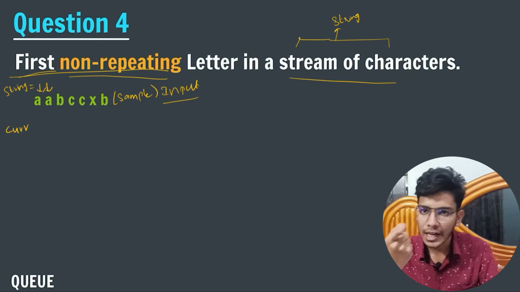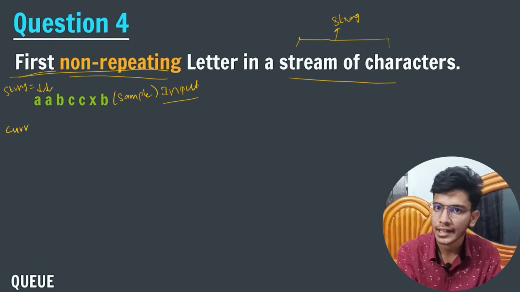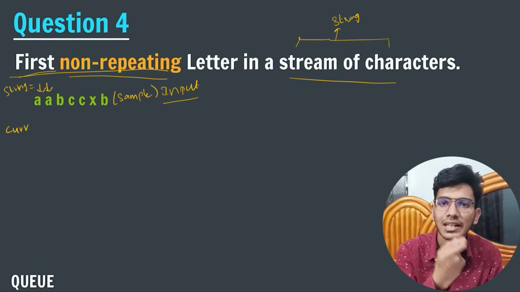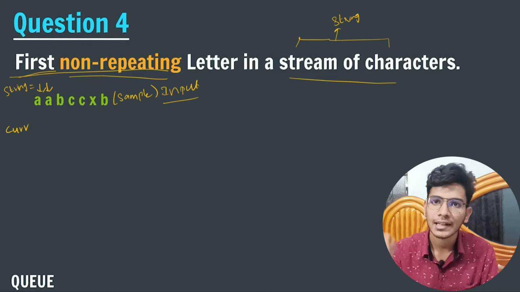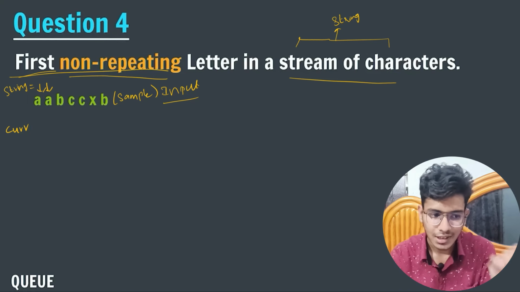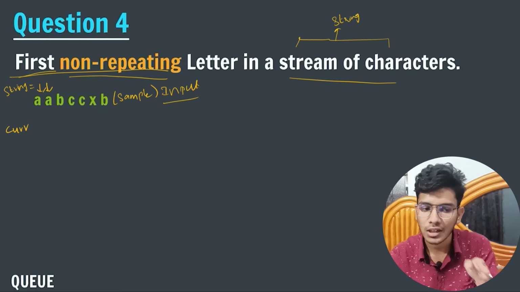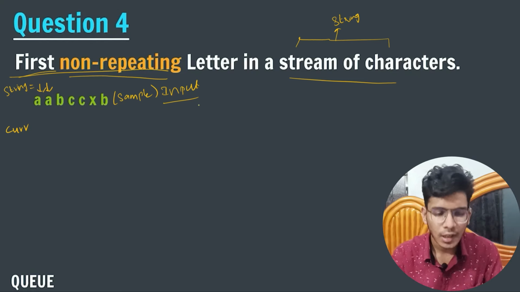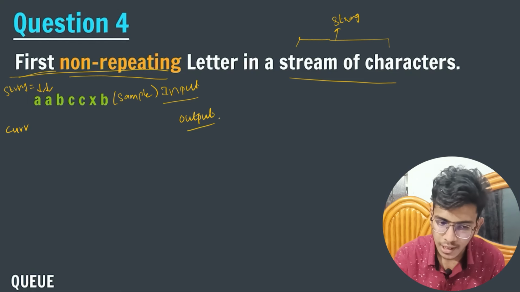And as I iterate, first of all I will add that character into my current string, and if that character is unique, then I will print that character as my output. So for this question there are two things: current string, which will store the current iterative character, and along with that, let us consider that this is my output string.